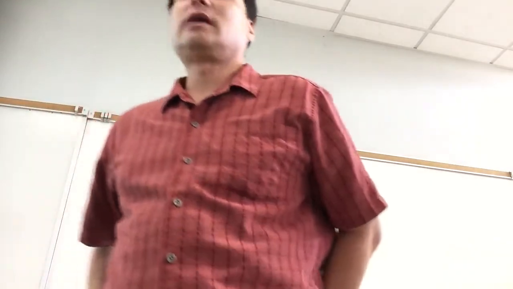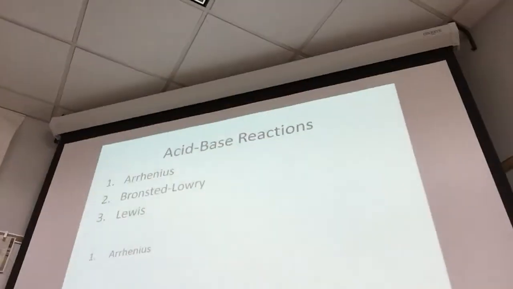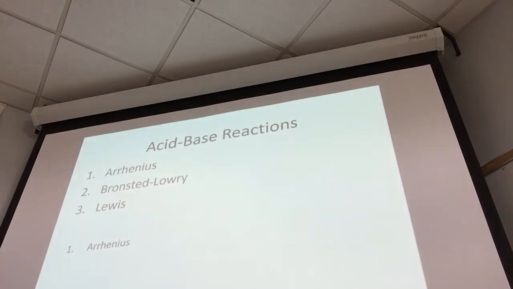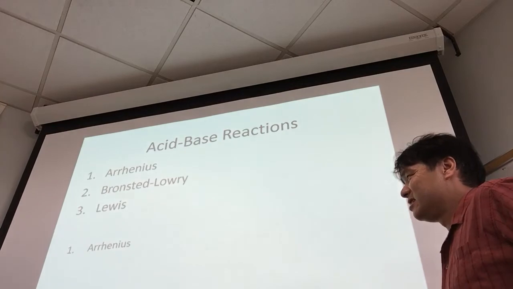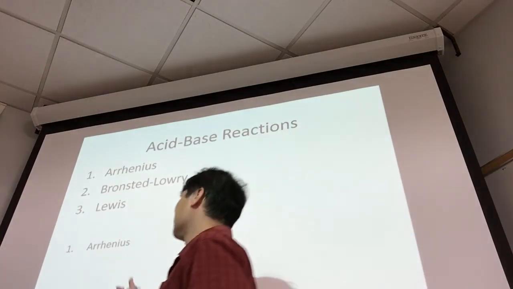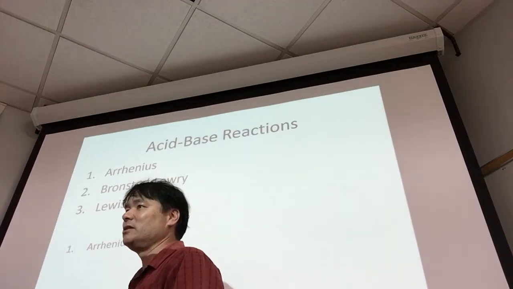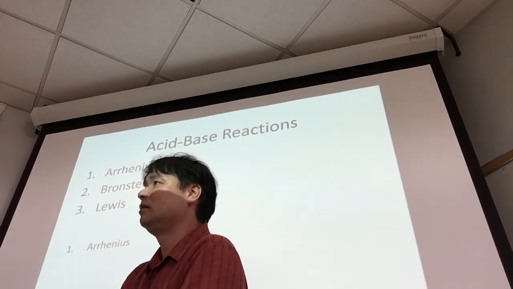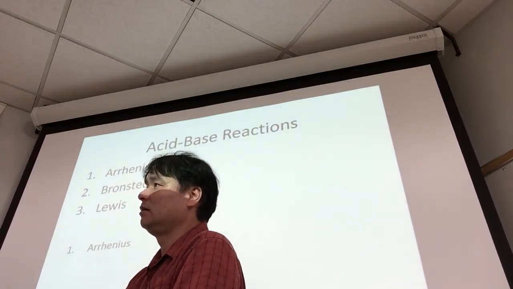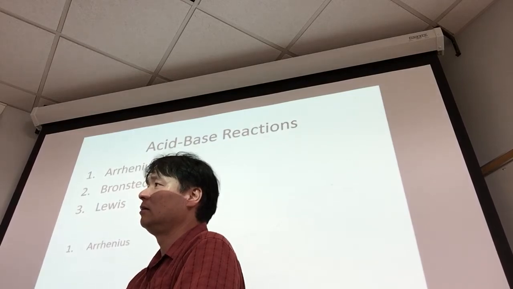Series, and we're going to look at acid-base reactions now. For acid-base reactions, we have three types: the Arrhenius, Bronsted-Lowry, and Lewis. Arrhenius is minimal. Does anybody know the Arrhenius definition of an acid? Isn't it when in water it gives hydronium for acid, or hydroxide for base?